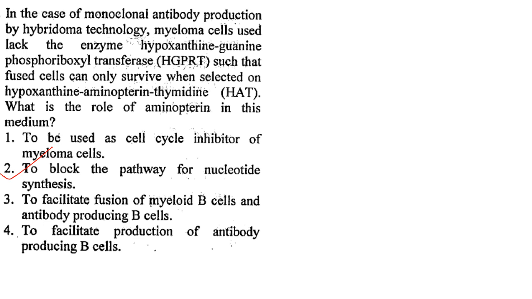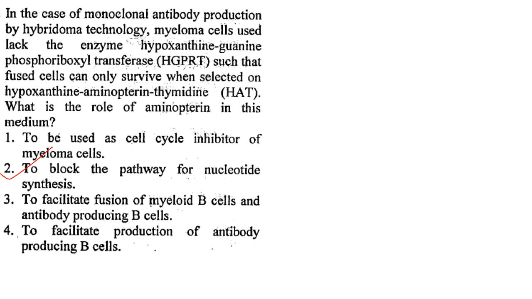Then next one. In case of monoclonal antibody production by hybridoma technology, myeloma cells used lack the enzyme hypoxanthine guanine phosphoribosyl transferase or HGPRT, such that fused cells can only survive when selected on HAT medium, that is hypoxanthine aminopterin thymidine medium.